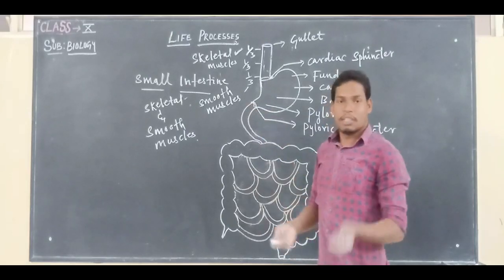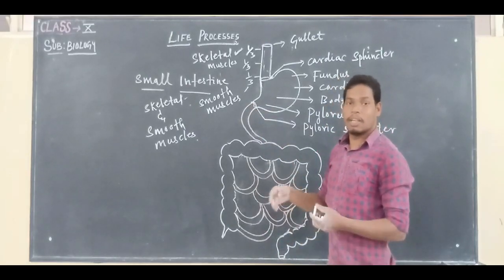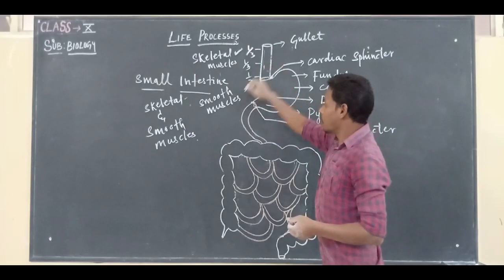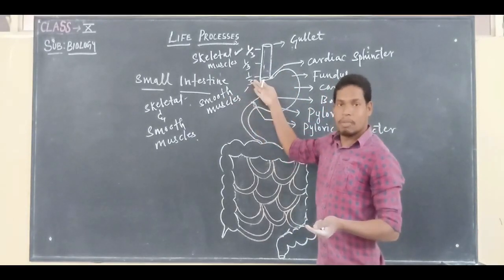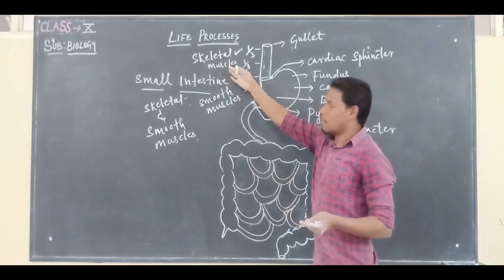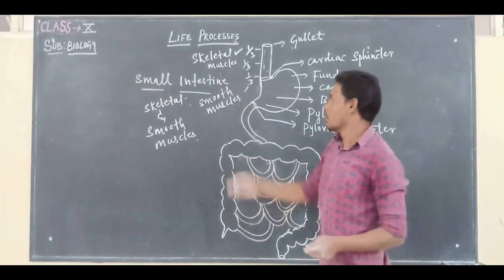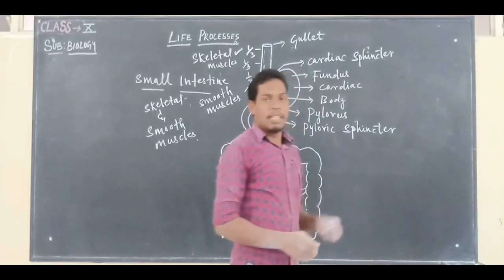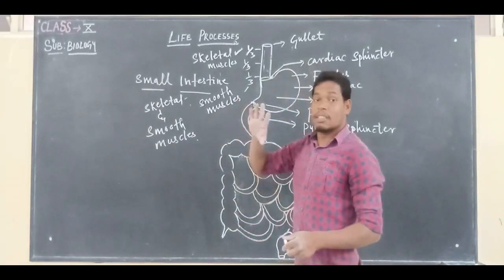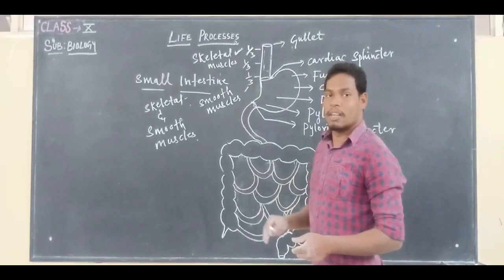That's why we sometimes swallow the water when we are regurgitating. Smooth muscles are not in our control, so involuntary movement takes place, and skeletal muscles give voluntary movement. We will be discussing all these things in control and coordination.